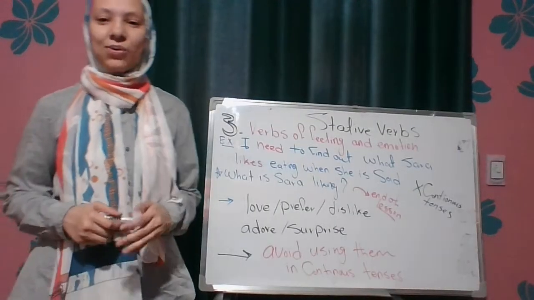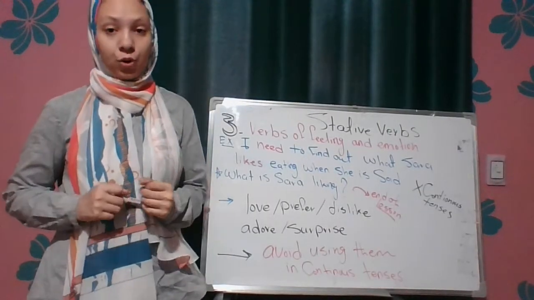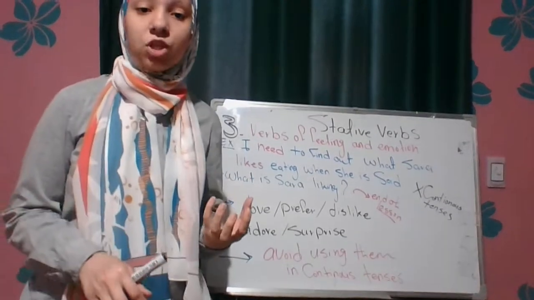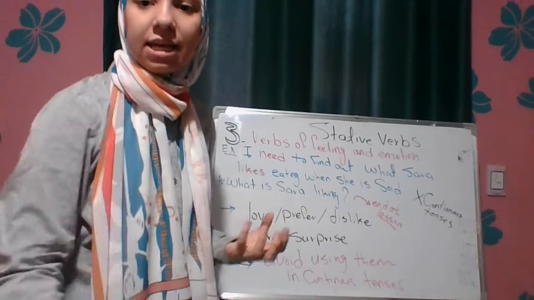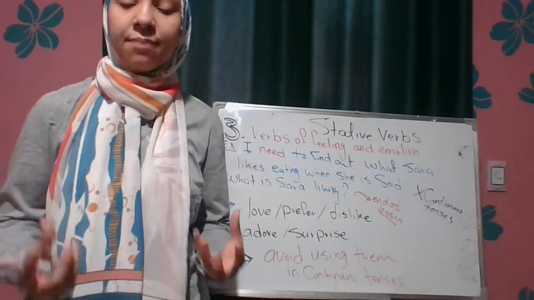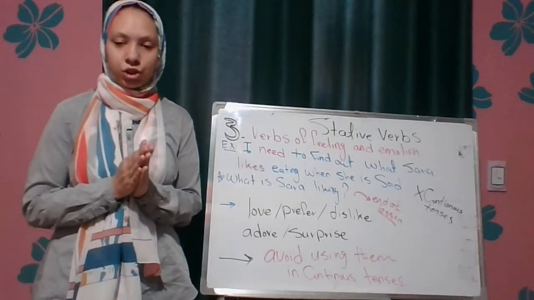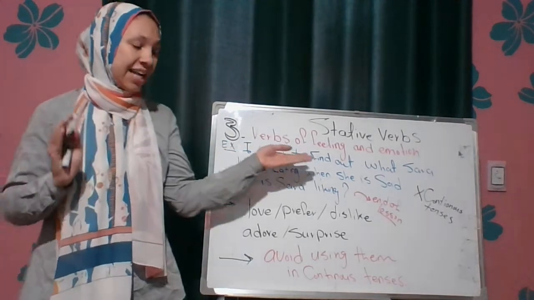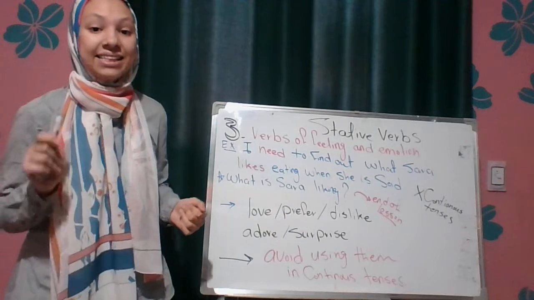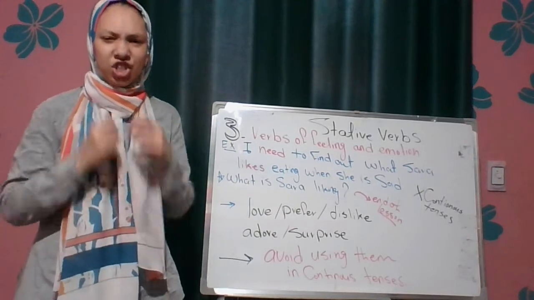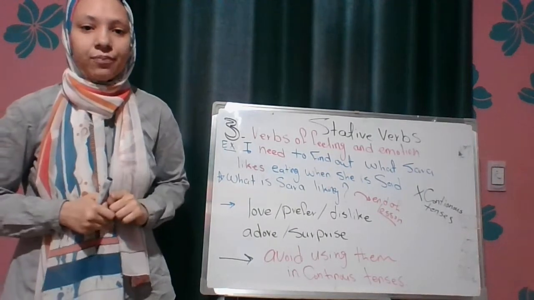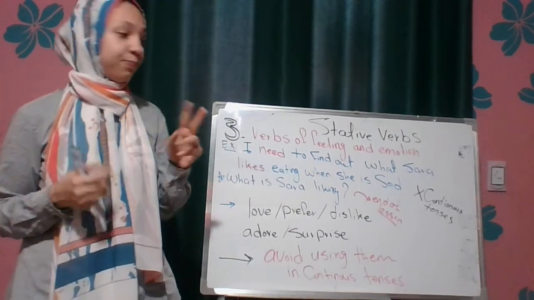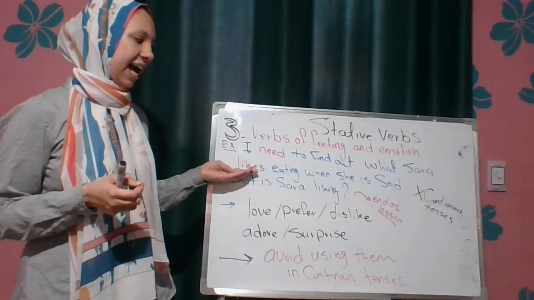Okay, so now let's take the third group of the stative verbs, called verbs of feeling and emotion. Let's take an example. I need to find out what Sarah likes eating when she is sad. I notice two stative verbs here, need and like.